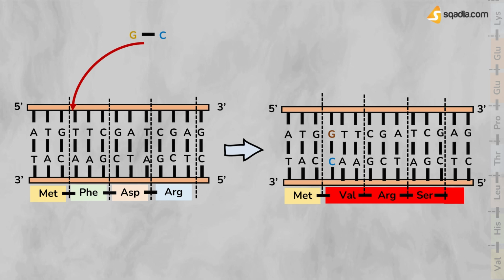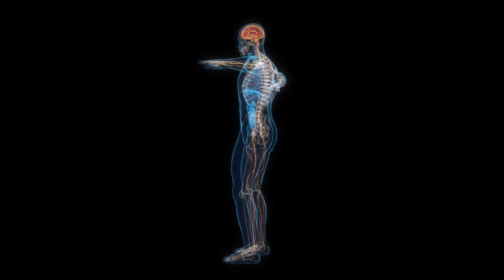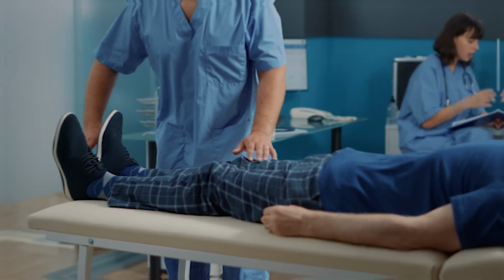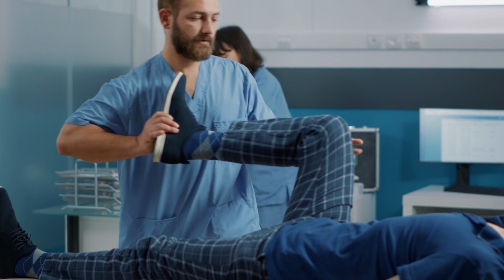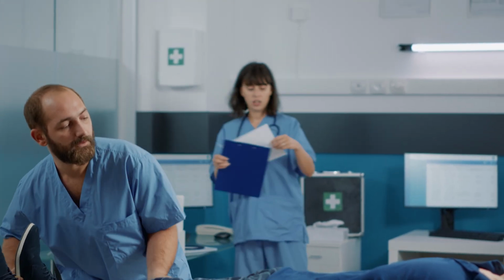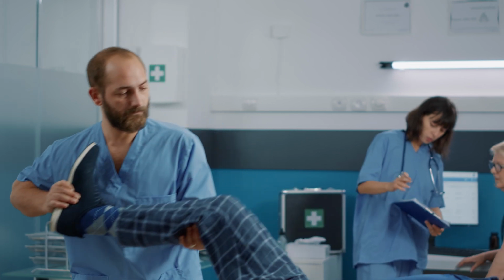So duplications of whole genes can lead to disease. For example, Charcot-Marie-Tooth disease. This is a peripheral nervous system disease involving progressive degeneration of peripheral nerves, leading to atrophy of distal limb muscles.